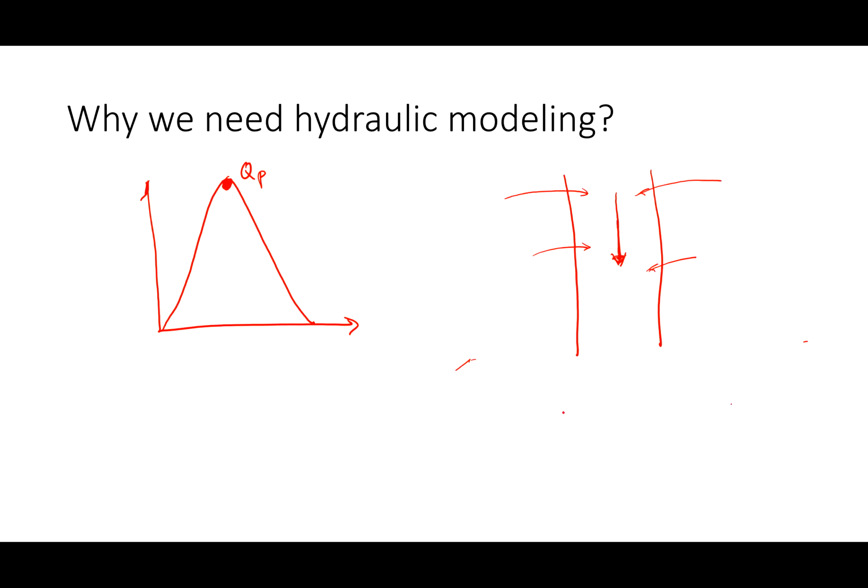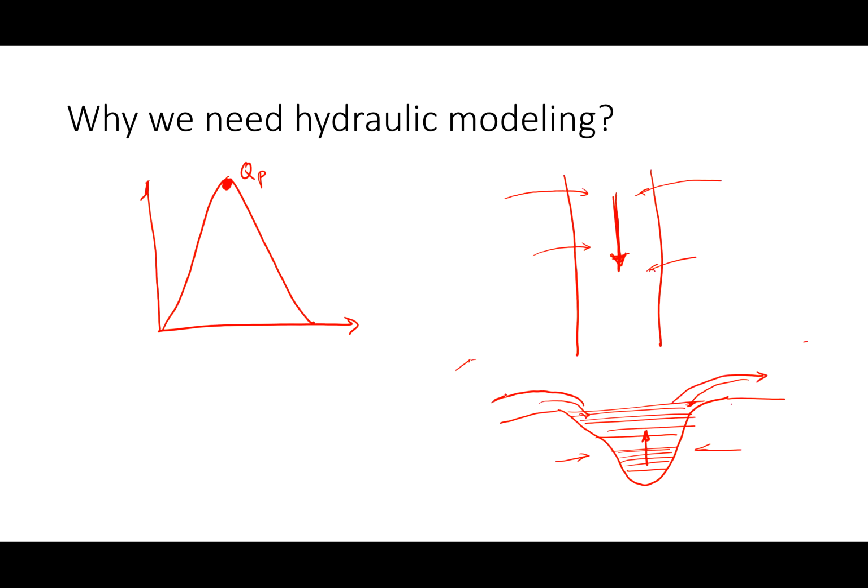And then if I draw the cross section, you can see as the water is entering the main channel from the floodplain and also through the subsurface, the water level is rising. So if you think about it, the water is also flowing in the vertical direction. In this image the water is flowing in the horizontal direction along the channel, and when the water goes into the floodplain, it is also flowing horizontally into the floodplain.